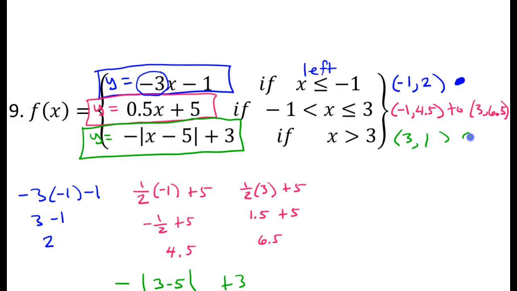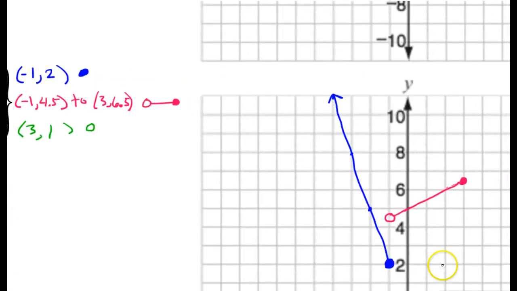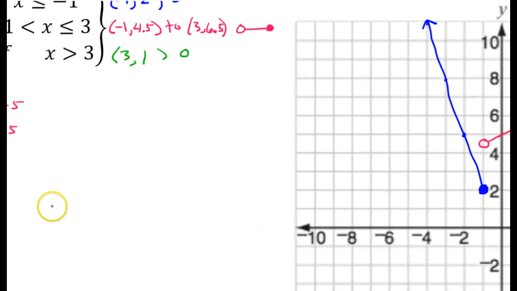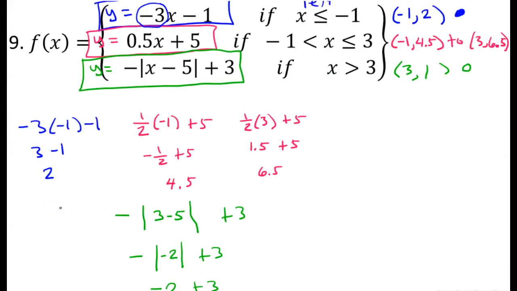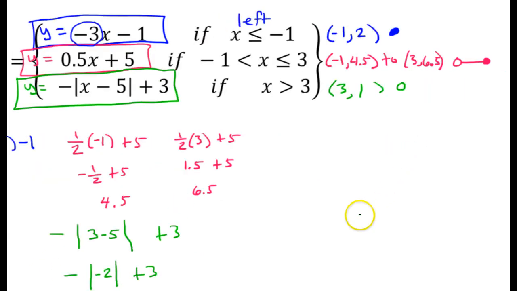It will be an open circle because it says greater than 3, not equal to 3. So this point will not be included. So open circle at 3 comma 1. All right, this is the endpoint of this piece. So to see where the rest of the points will go, I'm going to make a table of values.